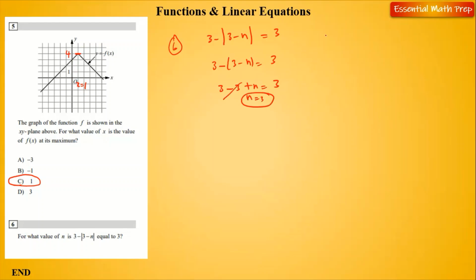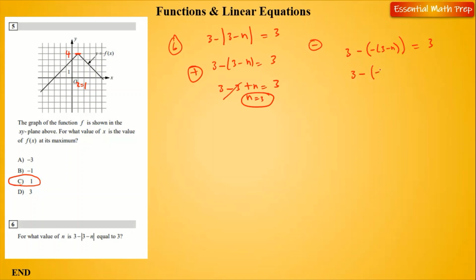That's one way. Or you can also do this: this is the positive component. The negative component would be 3 minus the negative of 3 minus n equals 3. Do you see what I did? Because this is an absolute value, we have to add a negative symbol to it.